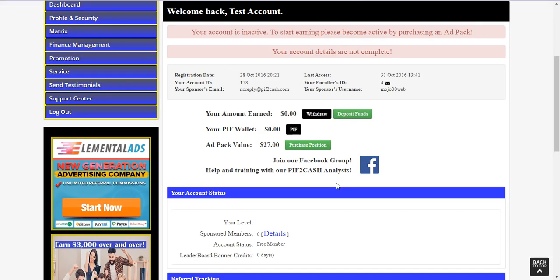The deal with the rotator is that you need to promote that rotator, so that everybody is working together to promote one link, and that link will help everybody in the rotator get signups. So if you have difficulty getting signups, contact one of the PIF2CASH analysts in our Facebook group, say you want to be on the rotator, and they will help you out.